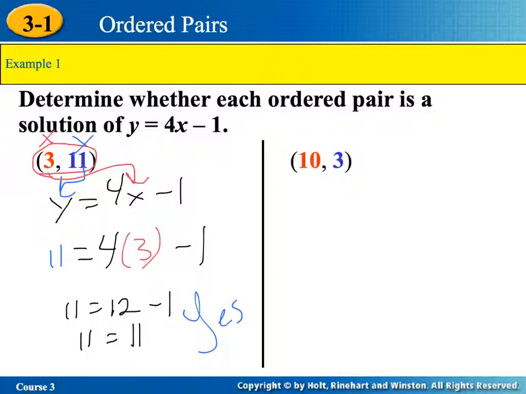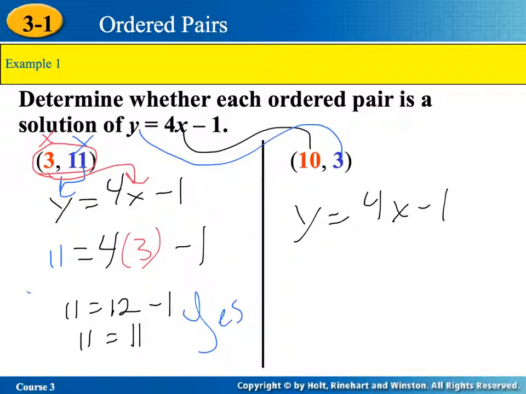So the next thing you should do is plug in the next point, one value for your x and one for your y. Make sure you plug them in correctly. So pause now, give this one a shot. Okay, again we have y equals 4x minus 1, still using the exact same equation. 10 goes in for x, 3 goes in for y.